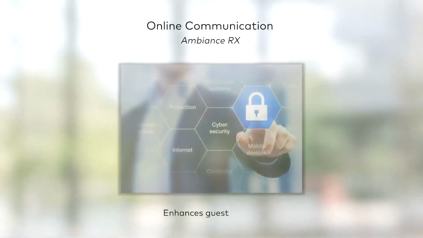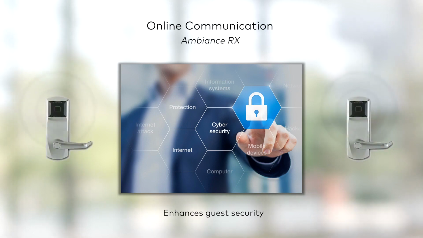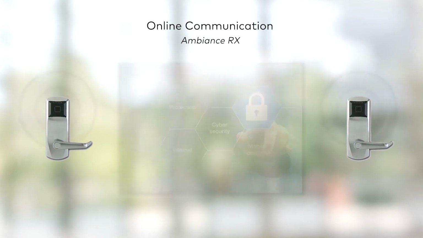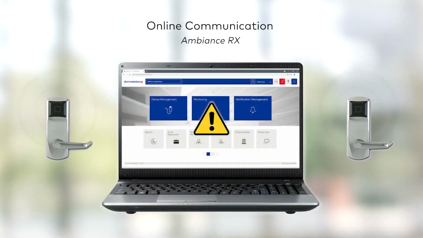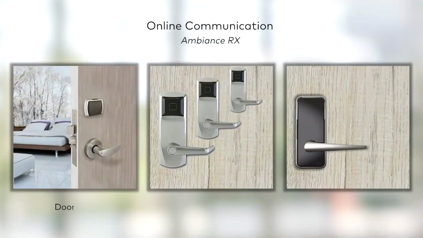Ambience RX also enhances guest security. The locks can send a wide variety of notifications to alert staff that an intervention may be required. For example, door ajar alerts can help alert hotel staff to secure a room that might have been left open by the guest.